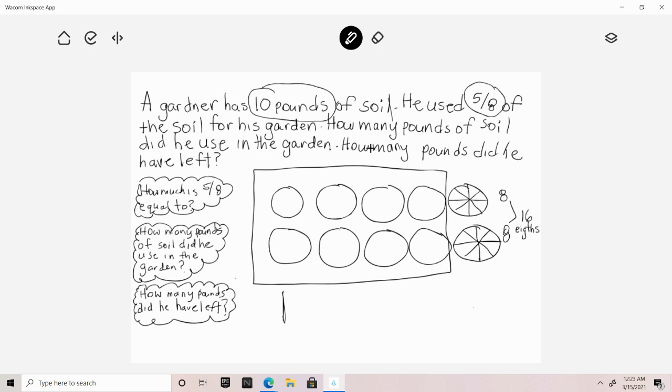So we need to take these 16/8 and we need to divide them appropriately to each of these holes. So since we have 8 holes here, we are going to take these eighths and divide them evenly. So we know that 16 divided by 8 is 2, so that means each of these will get 2 eighths.